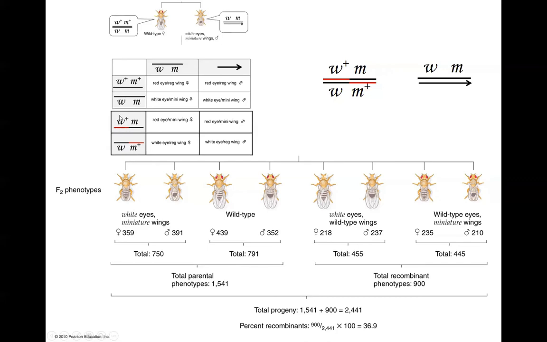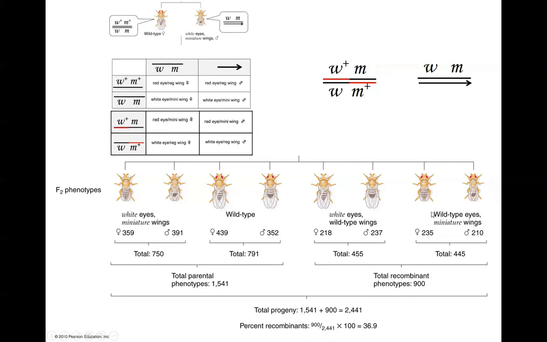So you can see our wild type eyes, miniature wings, white eyes, wild type wings, and again, keeping the same male gametes across the top. Phenotypically, that's going to give us the rest of these categories. We can have our wild type red eyes with our miniature wings, both female and male.